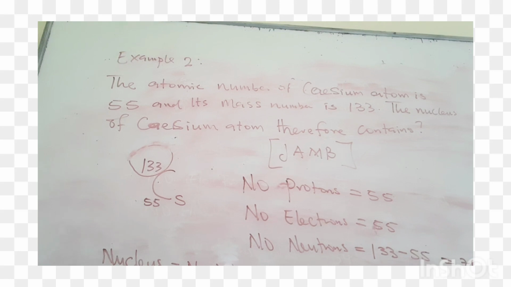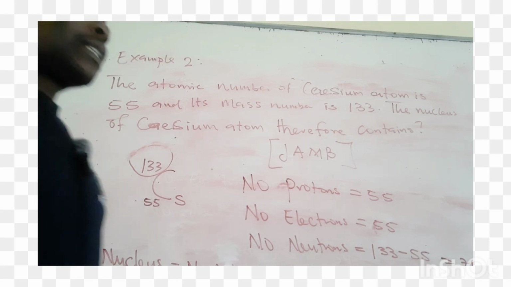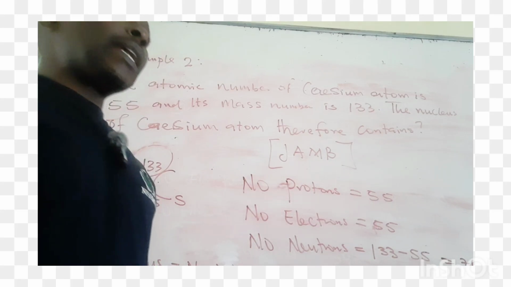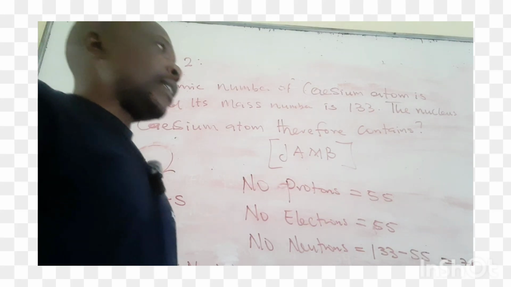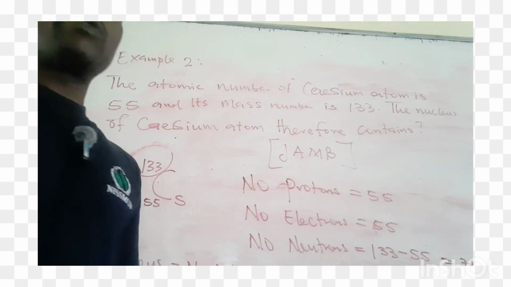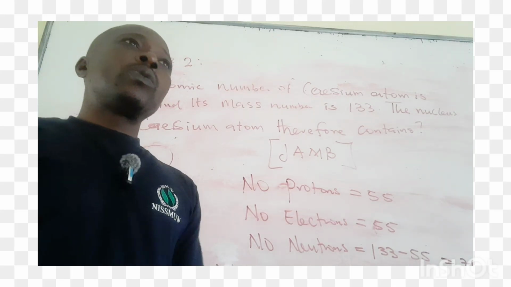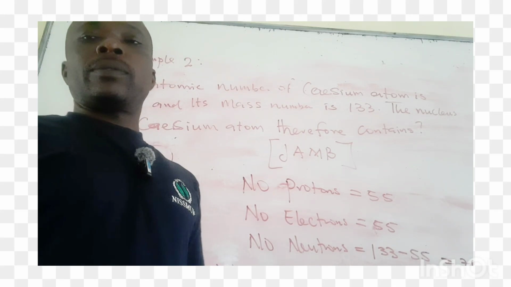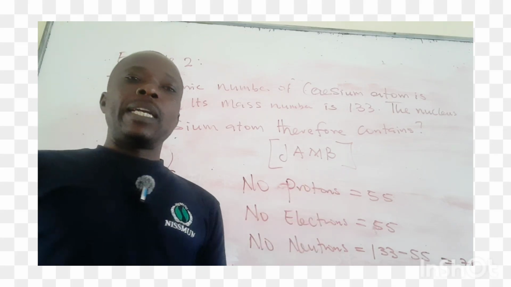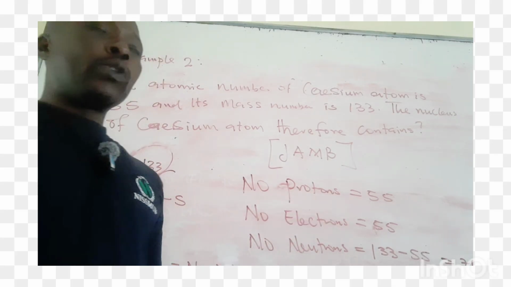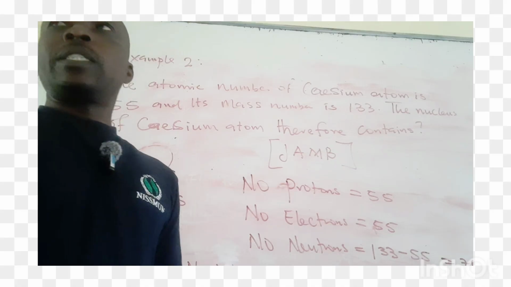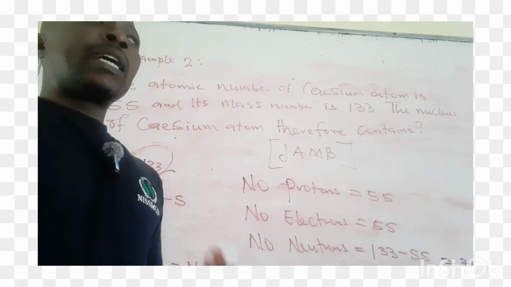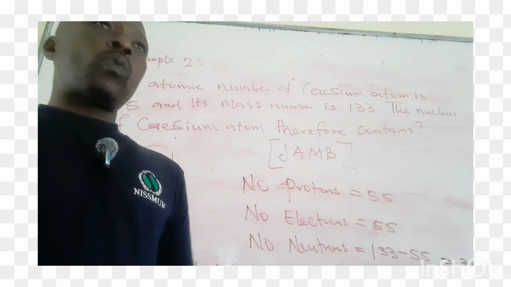Before I end the class now, remember that we define an atom as the smallest particle of an element which can take part in a chemical reaction and still retain the chemical properties of that element. The atom contains 3 subparticles: protons, neutrons, and electrons. The proton is positively charged with a mass of 1 and a charge of +1.